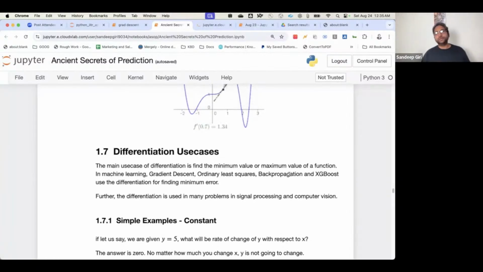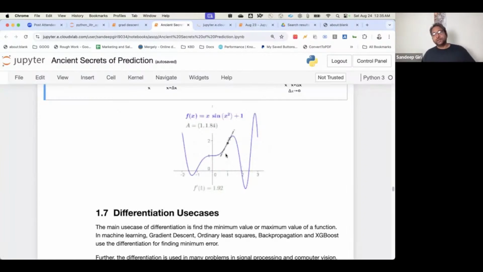If you pay attention to this movement here, pay attention to what happens when it reaches the top. When it reaches the top, what happens to the differentiation? What happens to the gradient at this point?